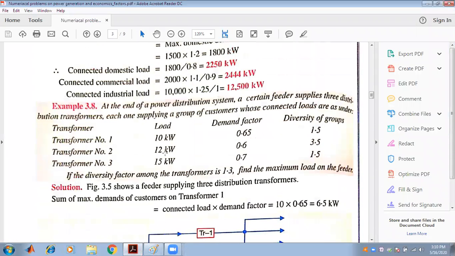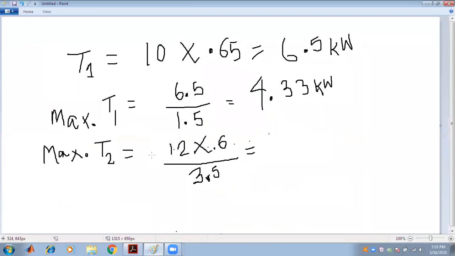From here, the load is 12, the demand factor is 0.6 and the diversity group is 3.5. So it is 12 into 0.6 by 3.5. The value we obtain is 2.057 kilowatt. This is the maximum demand for transformer 2.